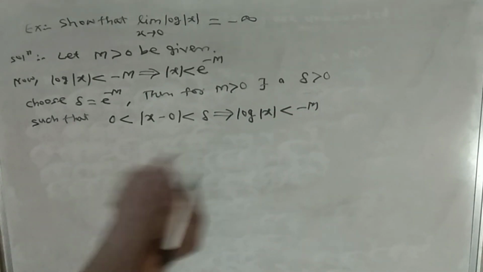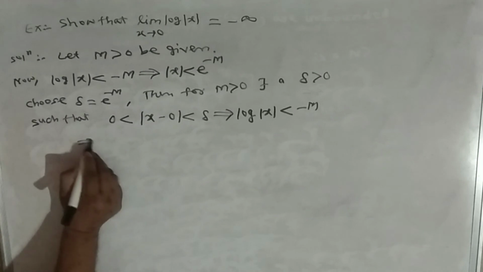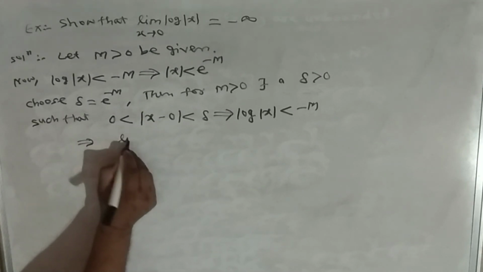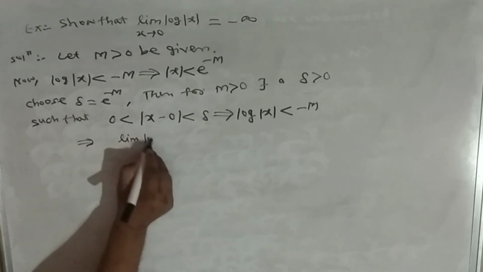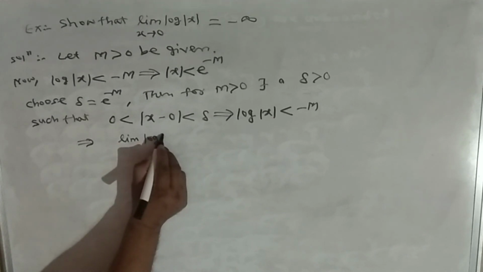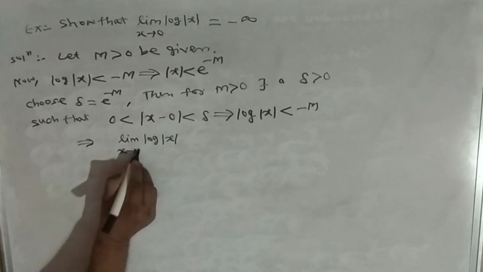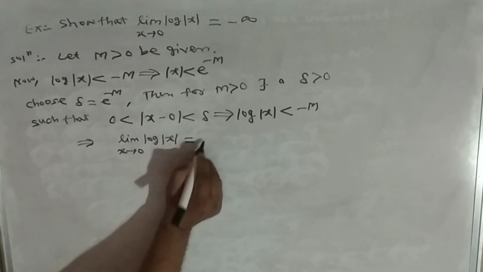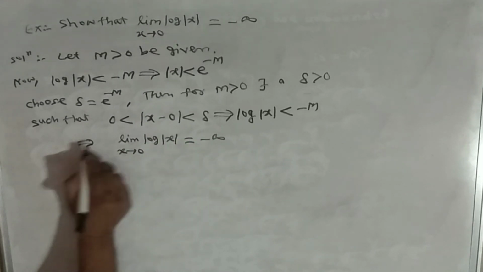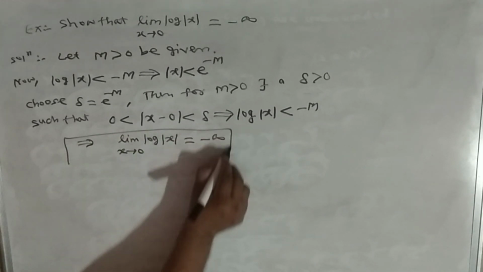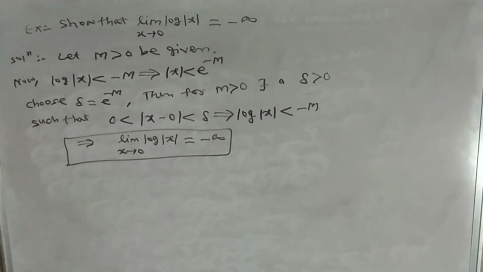And therefore the limit of the function log of mod x as x tends to 0 is equal to minus infinity. This is the proof of this statement.